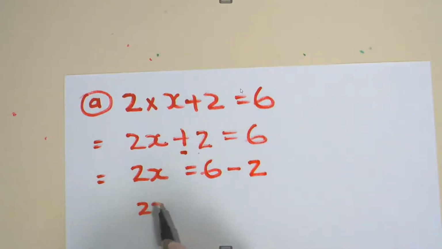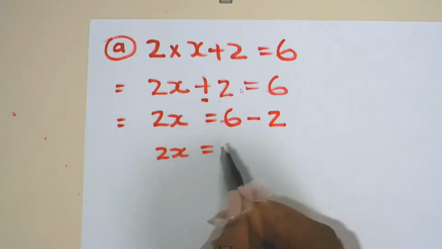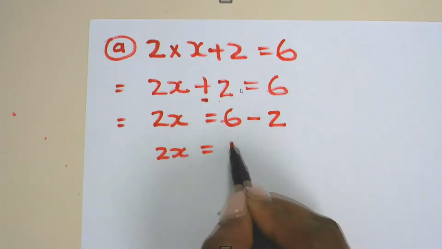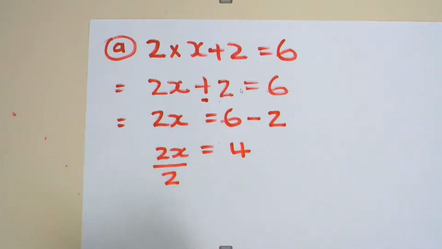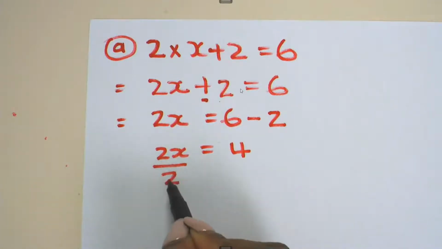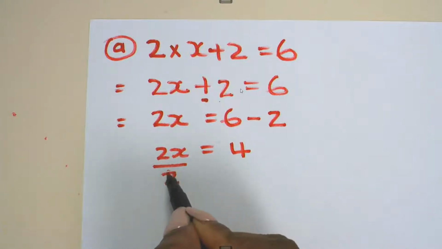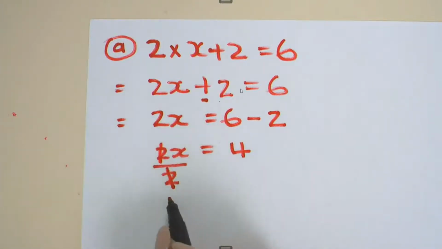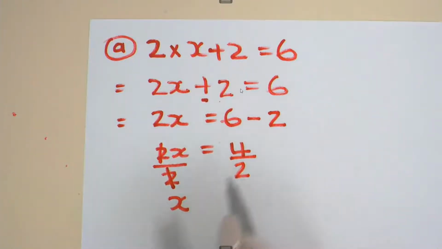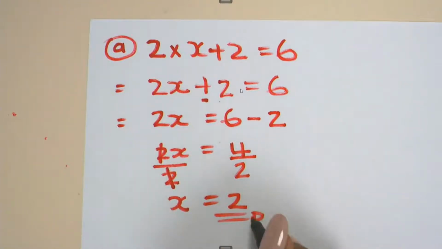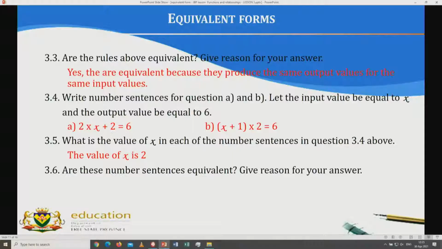Then we have 2x equals 6 minus 2, which is 4. Then we have to find the value of x. Therefore, we have to make the denominators the same. We divide with the same denominator as above. Then 2 goes once in here, and we are left with x. Then in 4, how many 2's in 4? There are 2. That is where we found the value of our x.